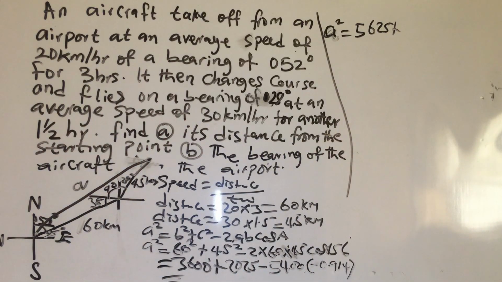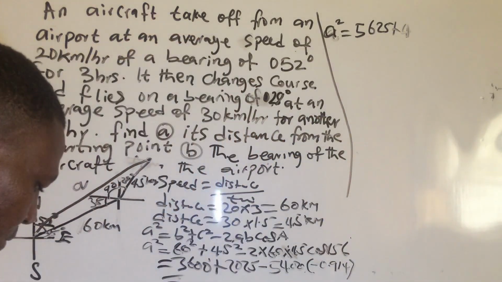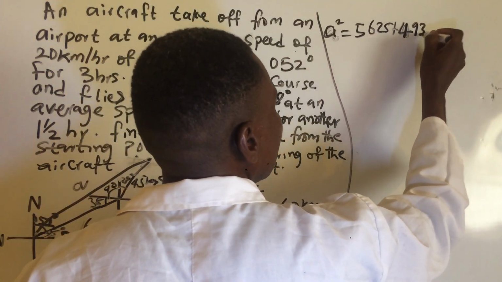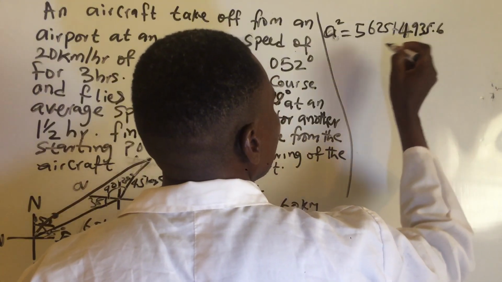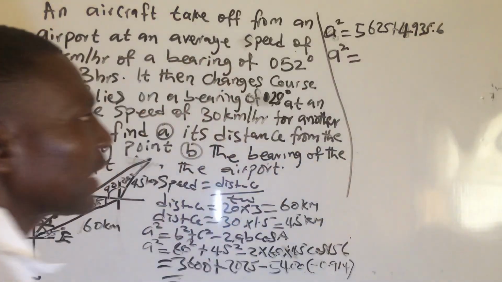When we multiply them, it will give us 4,935.6.